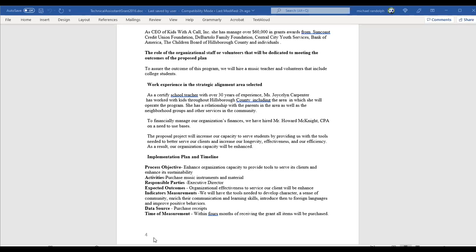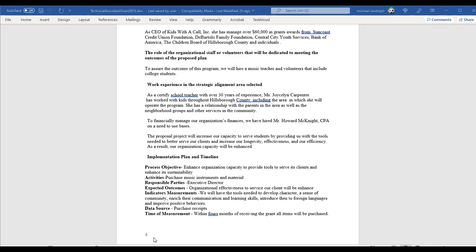Indicator measurements: we will have the tools needed to develop character, a sense of community, enrich their communication and learning skills, introduce them to foreign languages and improve positive behaviors. Data source: purchase receipts. Time of measurement: within 4 months of receiving the grant, all items will be purchased.